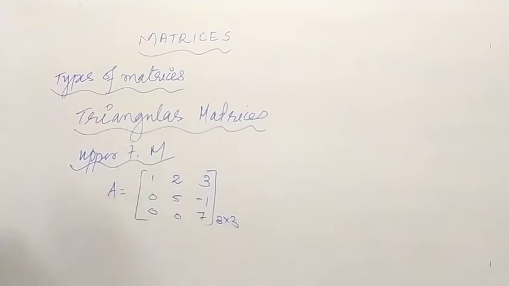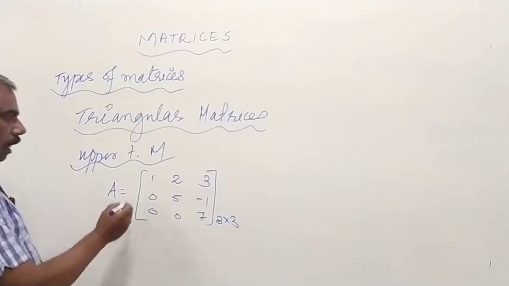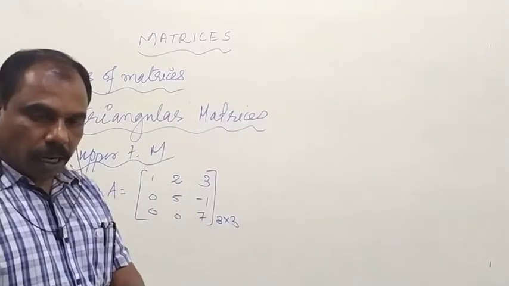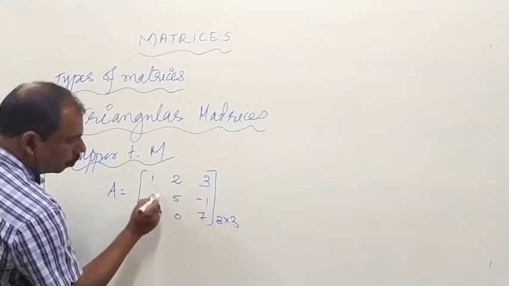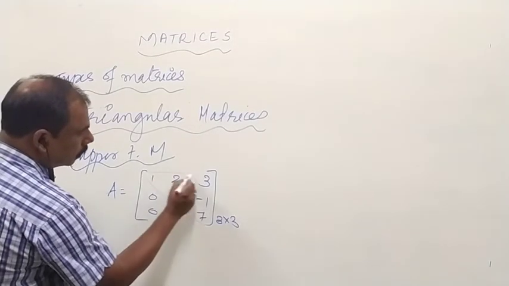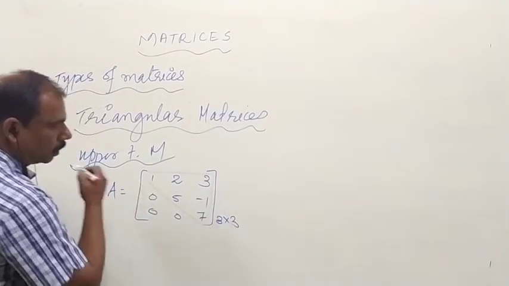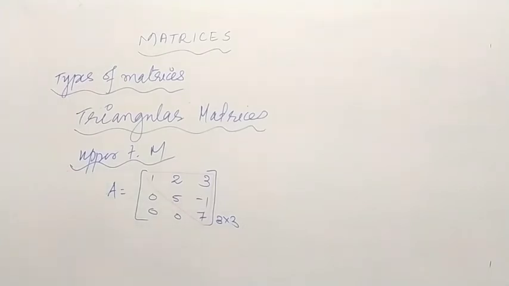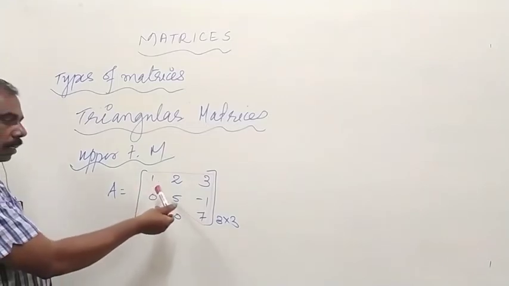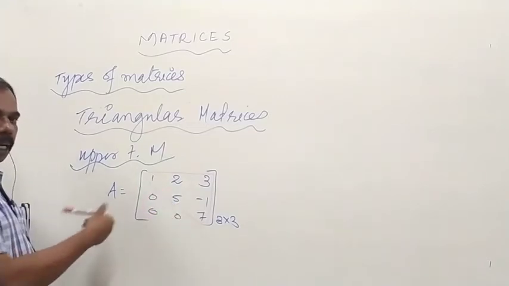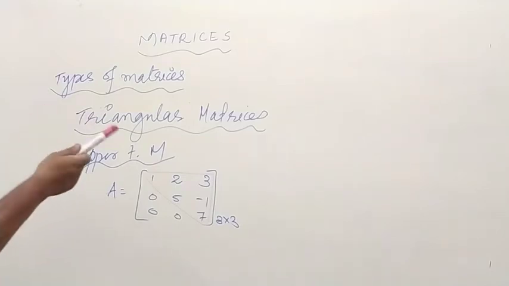And what's the speciality of this matrix? It has got the upper part in the form of a triangle. So, we call this a triangular matrix. A triangular matrix is a square matrix in which either the elements below the diagonal or above the diagonal are equal to 0.